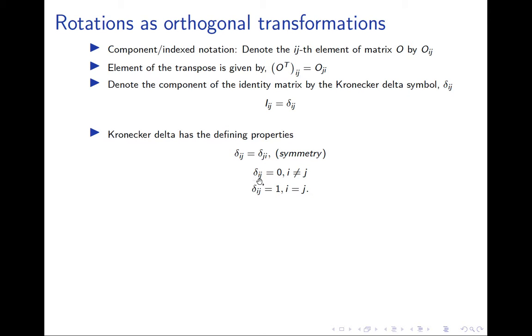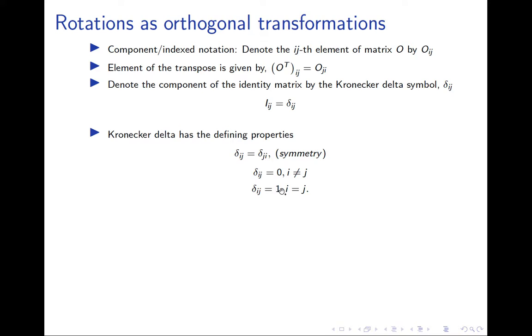So delta 1,2 is 0, delta 2,3 is 0, delta 3,2 is also 0, and delta 1,3 is also 0. Whenever i and j take different values, the Kronecker delta immediately becomes 0. The Kronecker delta is non-zero and equal to 1 when i is equal to j. So delta 1,1 is equal to 1, delta 2,2 equals 1, and delta 3,3 also equals 1.